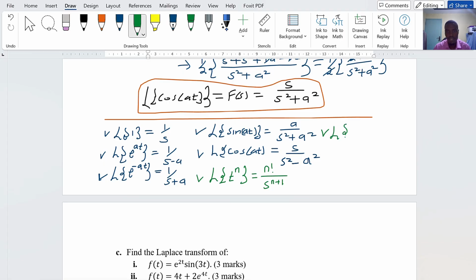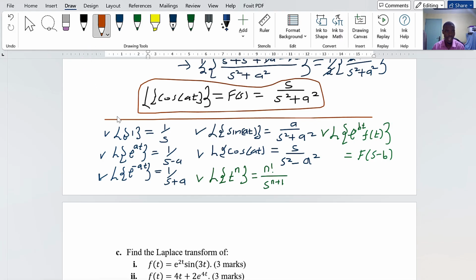The Laplace transform of e^bt multiplied by our function f of t is simply F of s minus b. We shift our Laplace transform by b because of multiplying our function of time with e^bt. So these are all you need for now for the basic Laplace transform.